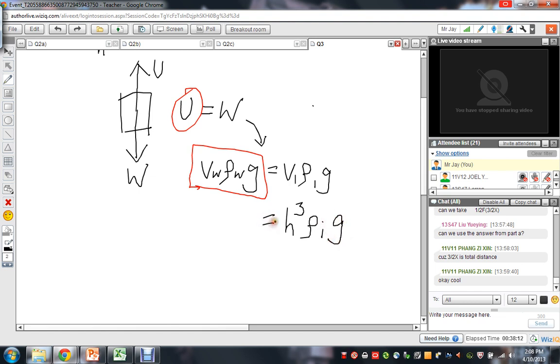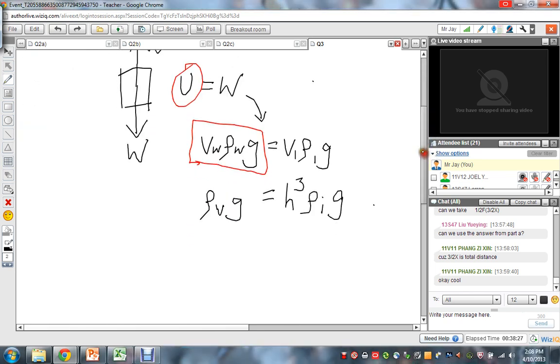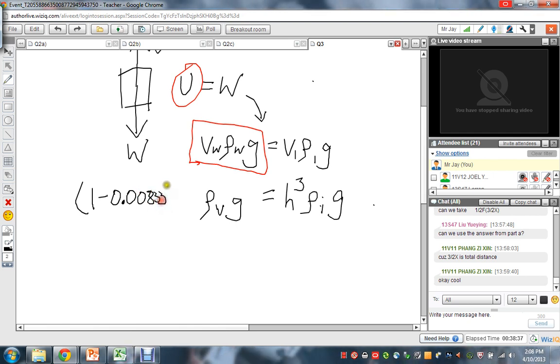On the left hand side, we know density of water, we know G, and the volume of the displaced water is given by the shaded region, which is base area times 1 minus 0.0833 times H squared, which is our base area.